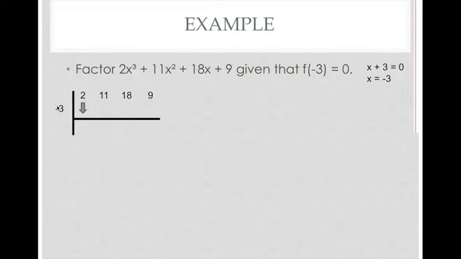Now we need to bring down our first coefficient, 2, and then multiply -3 times 2, which is -6. 11 plus -6 is 5. -3 times 5 is -15. 18 minus 15 is 3. -3 times 3 is -9. 9 plus -9 is 0.